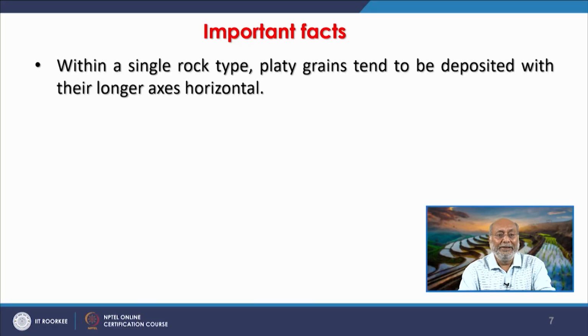Even within a single rock type, platy grains, that means grains which are flat in character, not rounded or subrounded, tend to be deposited with their longer axis horizontal, and sedimentologists use the orientation of these platy grains to find out what the flow conditions were during the deposition of such rocks.